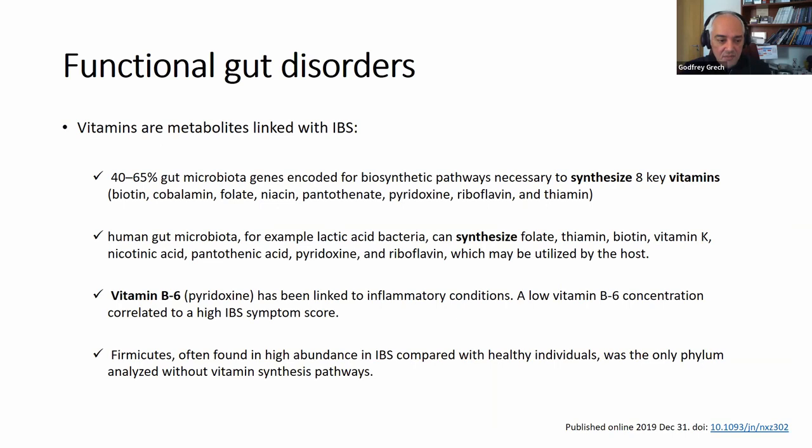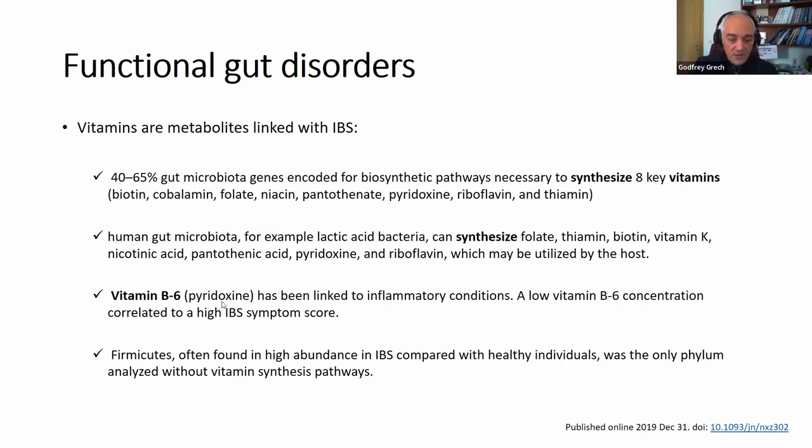Not going to mention them all, but like biotin, folate, niacin, thiamine, riboflavin. So these are the really important vitamins, and also vitamin K2. Vitamin K2 is only produced through specific microbiota. Human cells cannot produce it.